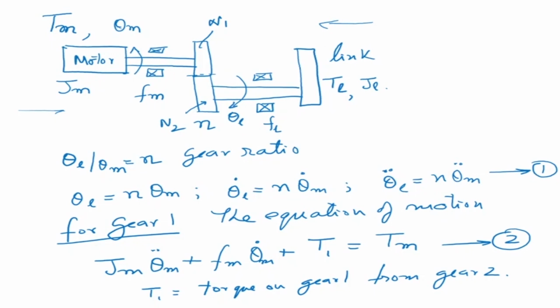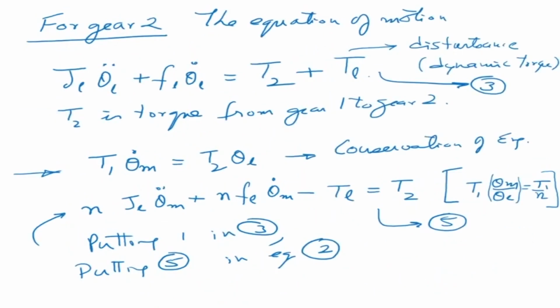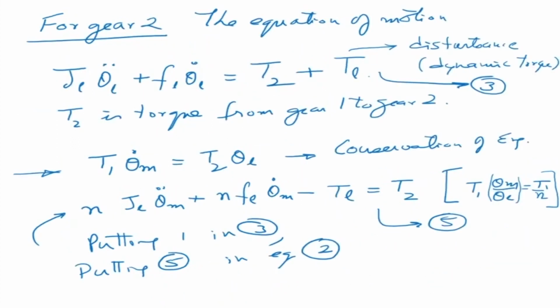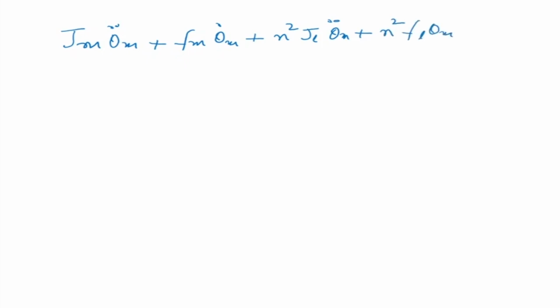So what I'm basically doing is putting this equation 5 in equation 2, and what we get is Jm theta m double dot plus Fm theta m dot plus n squared Jl theta m double dot plus n squared Fl theta m dot minus n times tau L is equal to Tm.